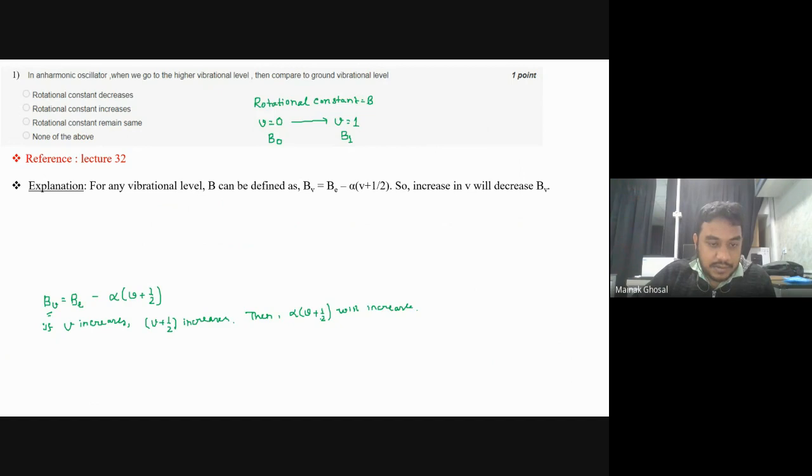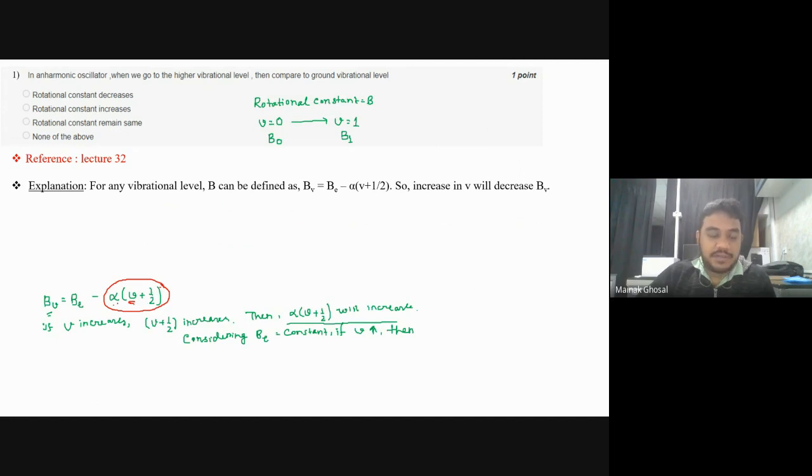Considering BE is a constant, if V increases, then this total value, alpha into V plus half, will increase.